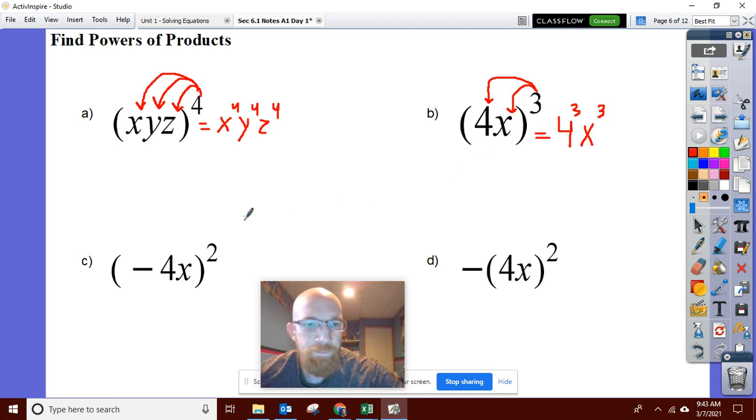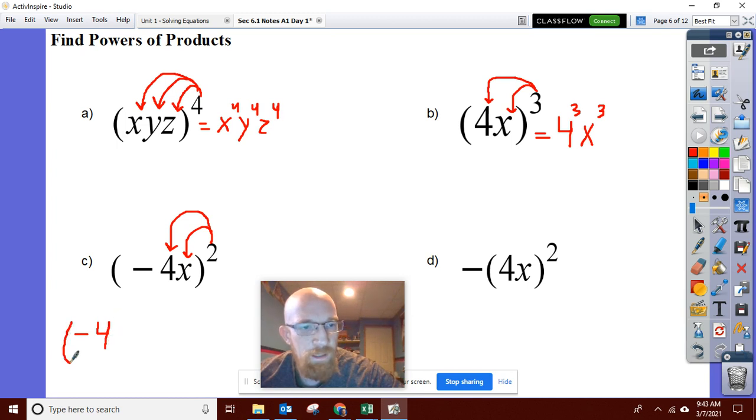All right. Over here, the same idea. The 2 now will go to the x, and the 2 will go to the 4. It's actually a negative 4, though, so we got to make sure we do that. Let's write this below here. Negative 4, then. And this one is still in parentheses, which is just fine, to the second power.